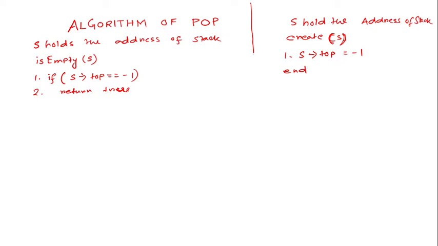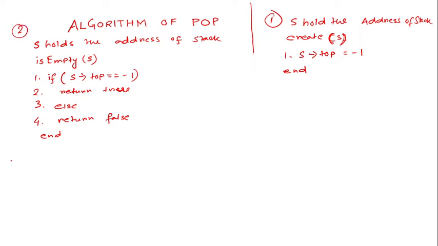So return true, otherwise, else, return false, and this is end. Okay, so at first you need to check whether the stack is empty or not. This one you need to check. Again for full, whether the stack is full. So this is the first algorithm for stack, this is second.